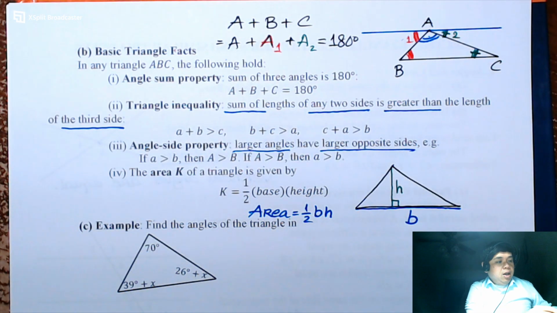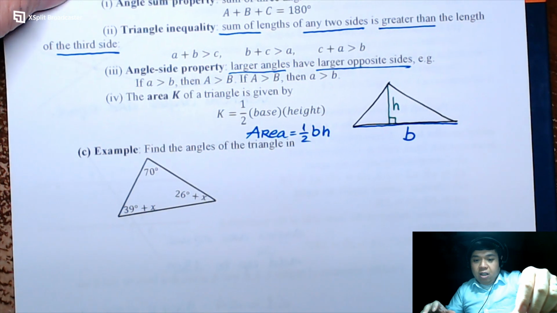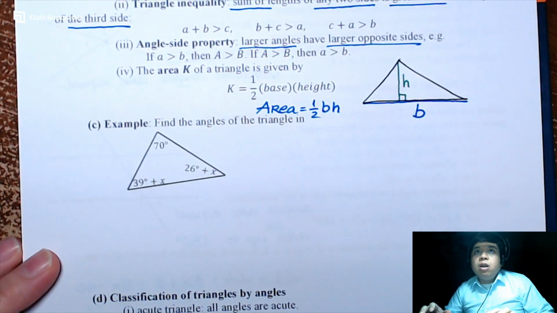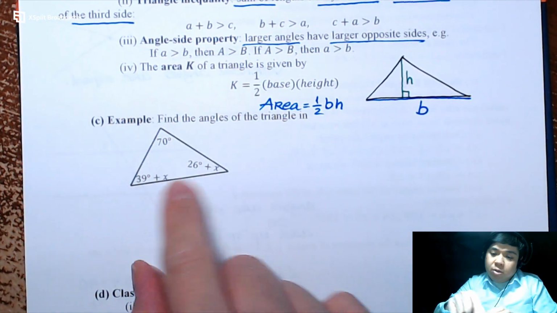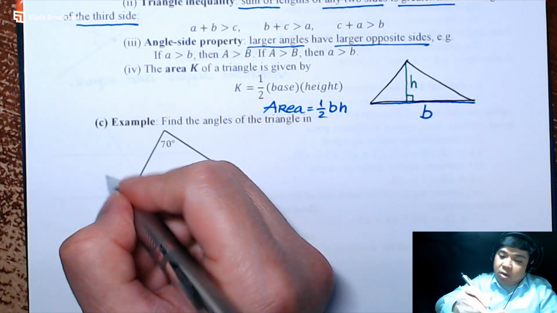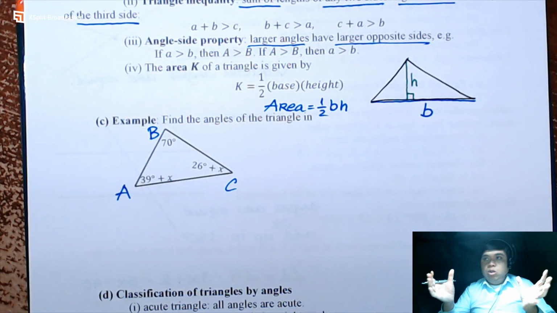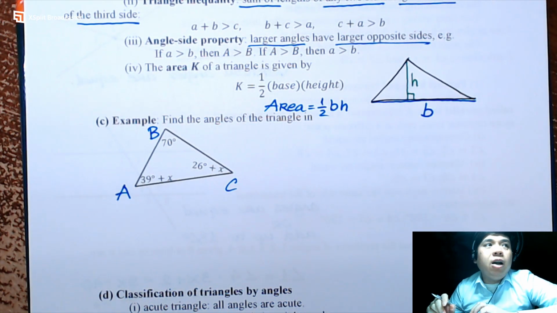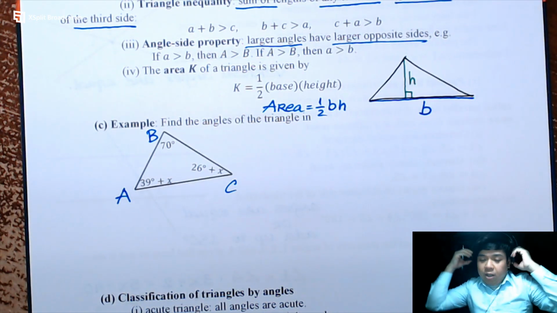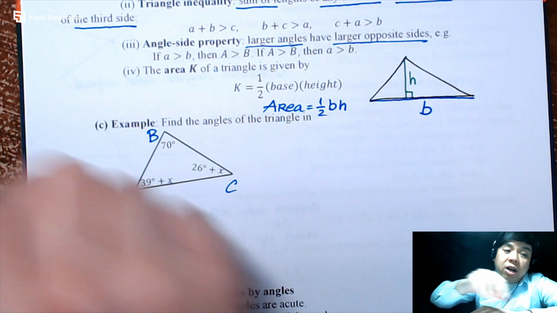Okay, now let's do an example. In this triangle, we have 3 angles like that. For all intents and purposes, let's label them A, B, and C, so it's easy to call them. Now A plus B plus C is equal to 180 degrees.